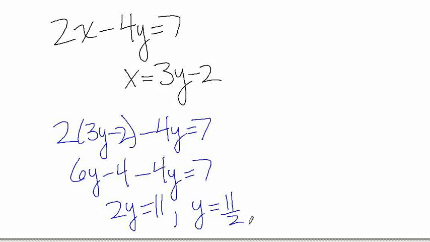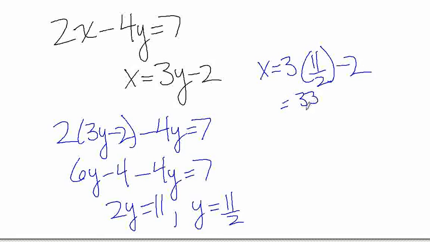Now I can solve for x by replacing y with 11 over 2 in the second black equation. So that will give x is equal to 3 times 11 over 2 minus 2, or 33 over 2 minus 2.